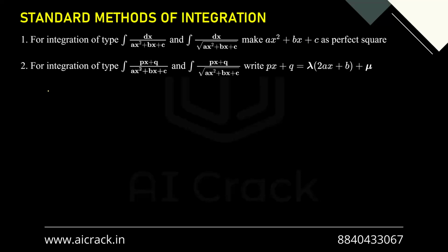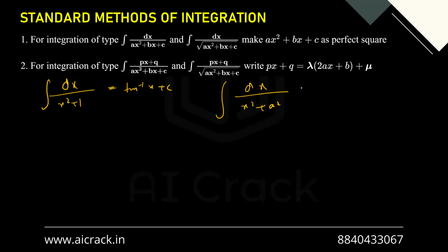Okay. So let's say we have integral dx upon x square plus 1. Right. Now this is our very own tan inverse x plus c. Simple, right? Let's say we have dx upon x square plus a square. Right. Now we saw that this becomes 1 by a tan inverse x by a plus c. Now what if I do dx upon (x plus 2) whole square plus a square?